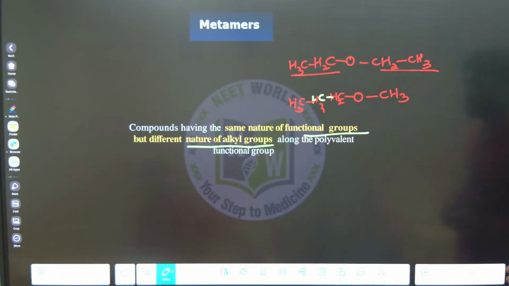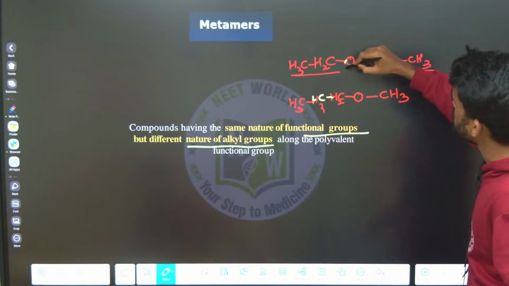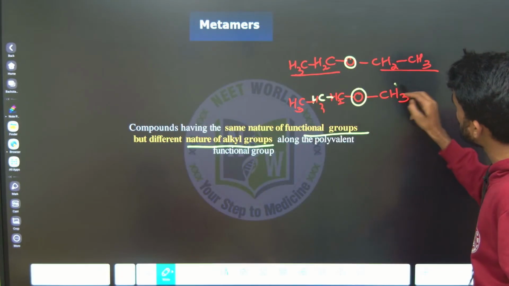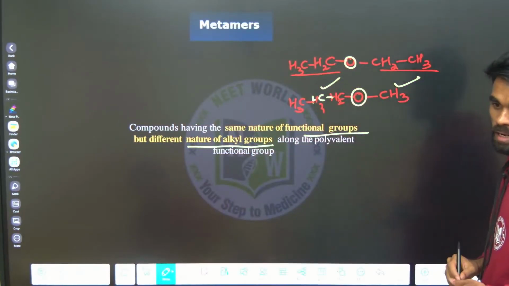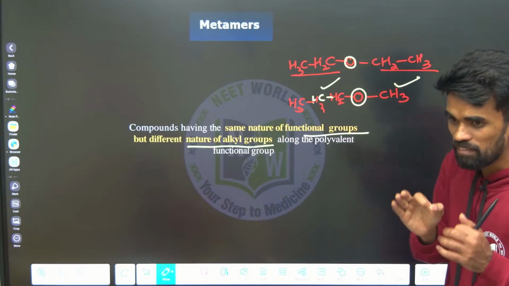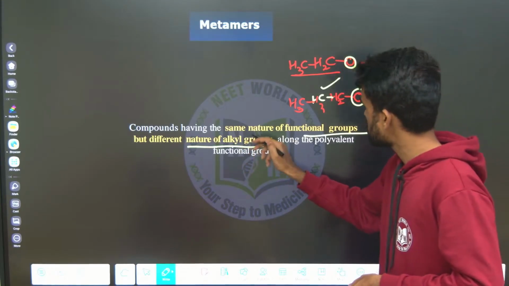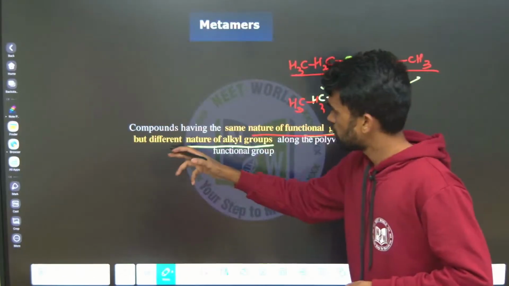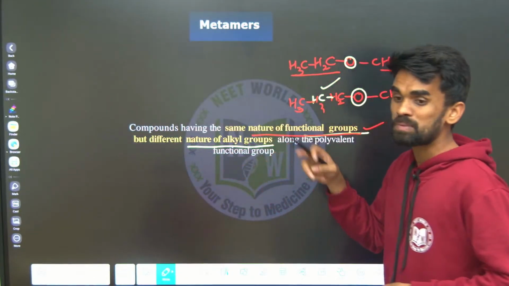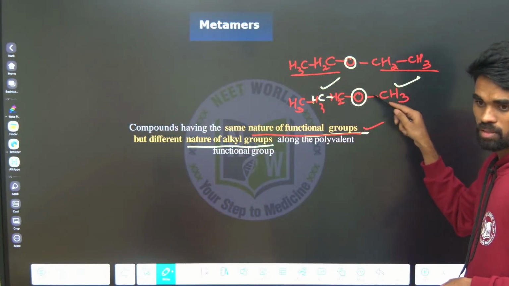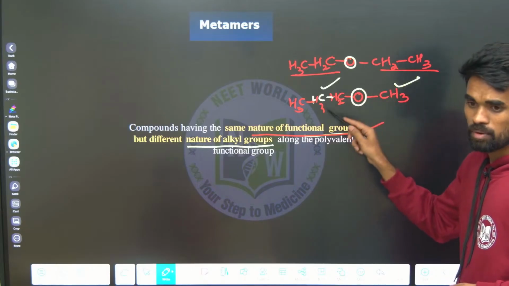Ethoxy ethane and methoxy propane. To this oxygen, both sides are ethyl groups, but to the other oxygen one side is methyl and the other side is propyl. Both have the same functional group but different alkyl groups attached.